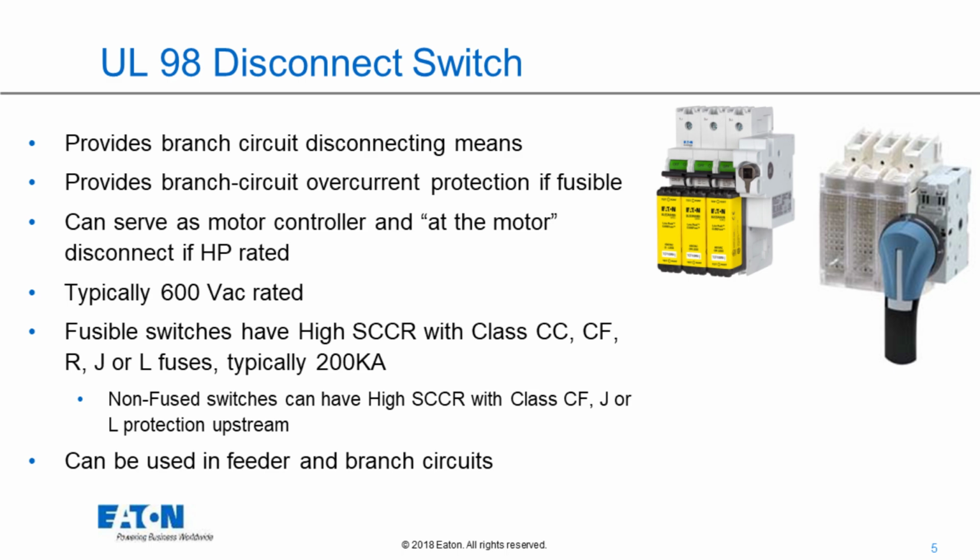Short circuit current ratings are typically 200,000 amps. The non-fuse switches can have high short circuit current ratings when protected upstream by Class CF, J, or L protection. They can be used in feeder and branch circuits.